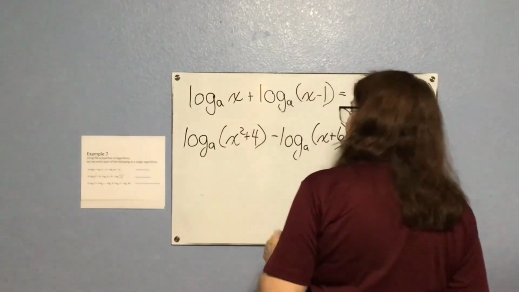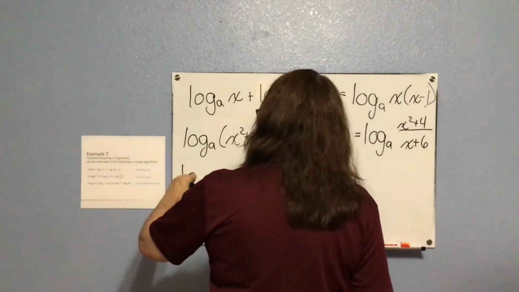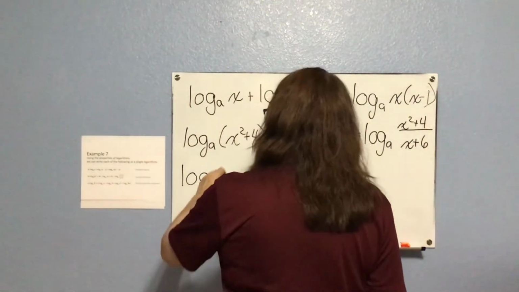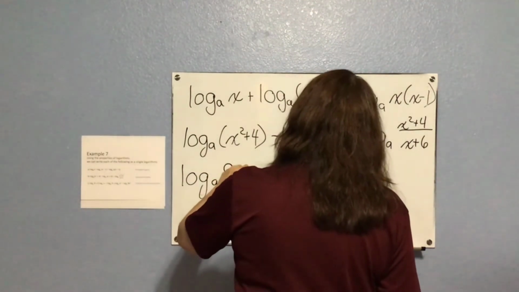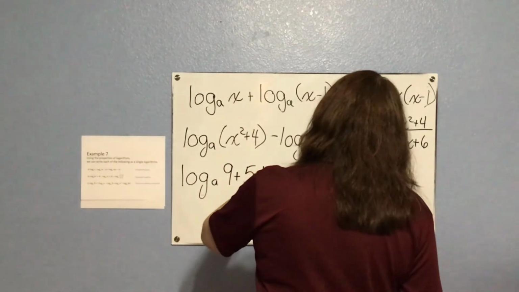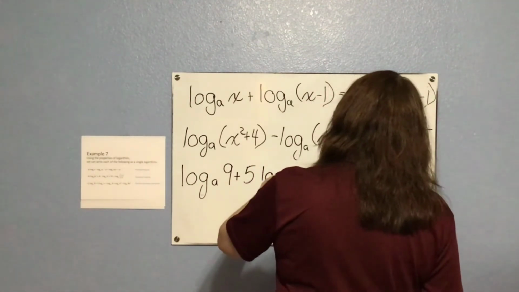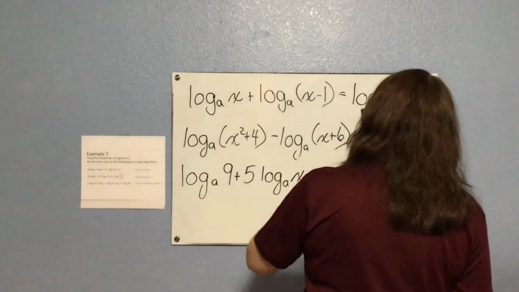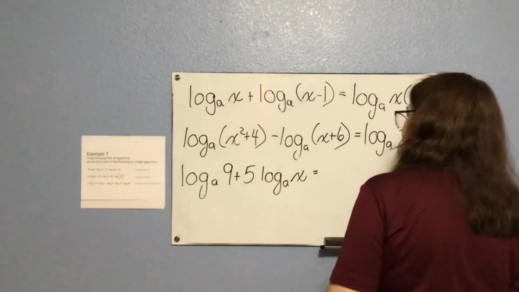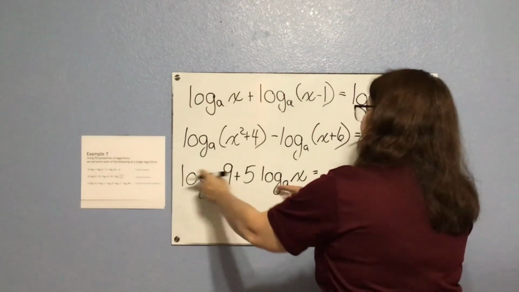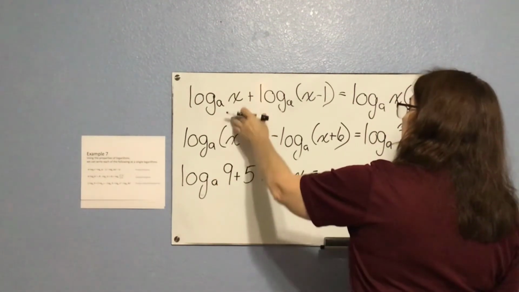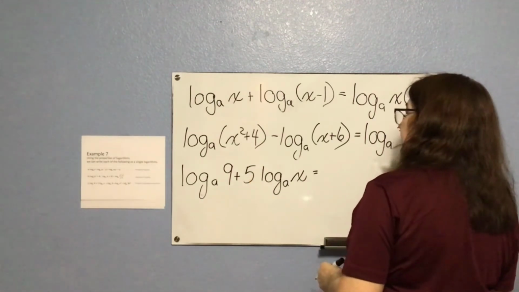Let's look at one more example. In this case, I cannot combine these two like I did up here because I've got this 5 out front.